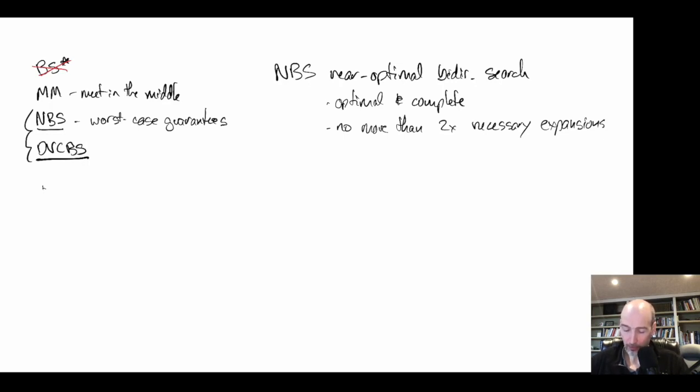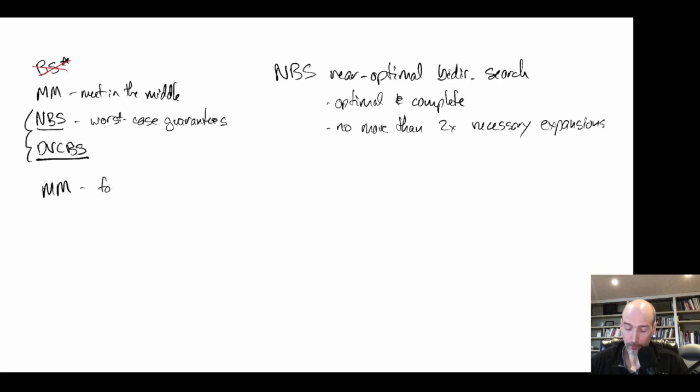But just for a point of reference, MM sort of falls in the same category. Both NBS and MM can actually work with inconsistent heuristics. They're still guaranteed to be optimal and complete, which not all other algorithms have that property. And MM has this really nice guarantee, which I'm not going to go through in full detail here, but it guarantees the frontiers meet.